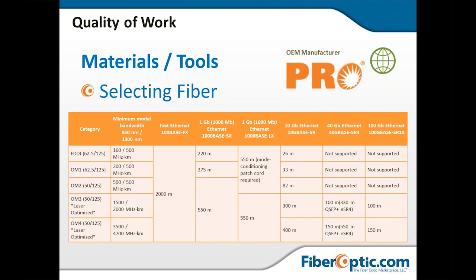Okay, so if you're a university, you're a hospital, you're anybody who is probably pushing any significant bandwidth over your network, and you have OM1 or OM2 fiber, you probably need to start to look to pull that out and get that replaced.